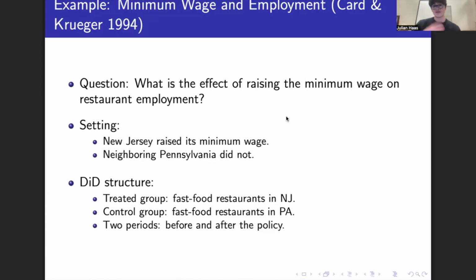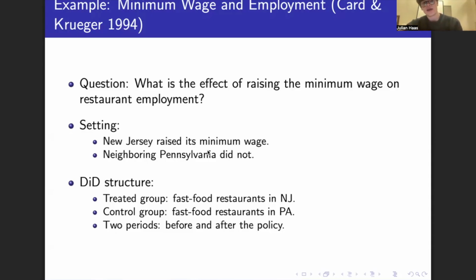So in their example, there was an increase in the minimum wage in New Jersey. Or I should say, New Jersey experienced a rise in the minimum wage. Its neighbor, Pennsylvania, did not, right?